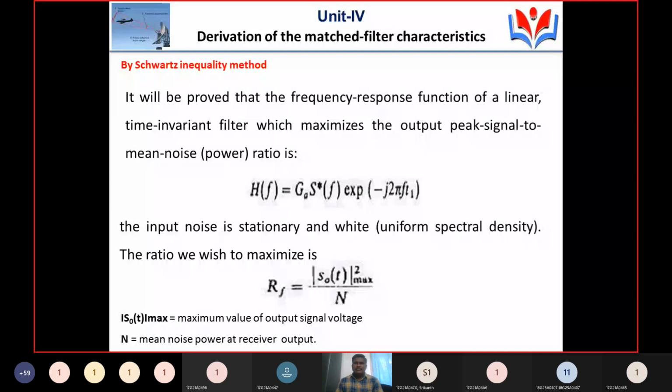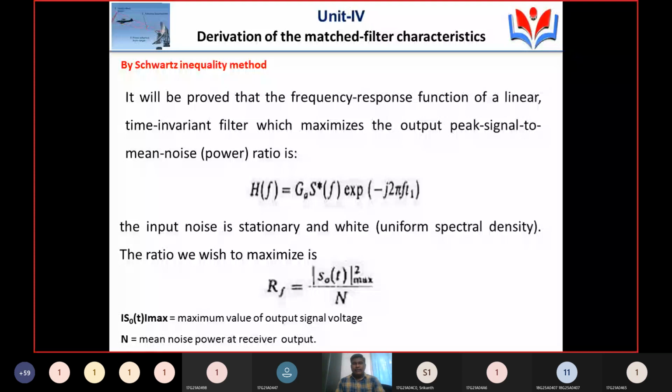This is the frequency spectrum of the matched filter. H of f equal to GA into S conjugate of f e power minus j 2 pi f t1.